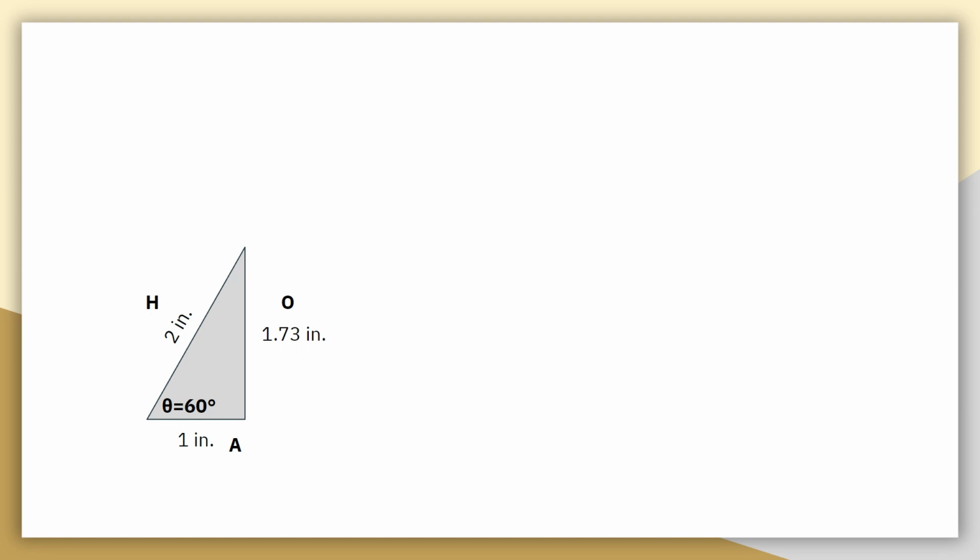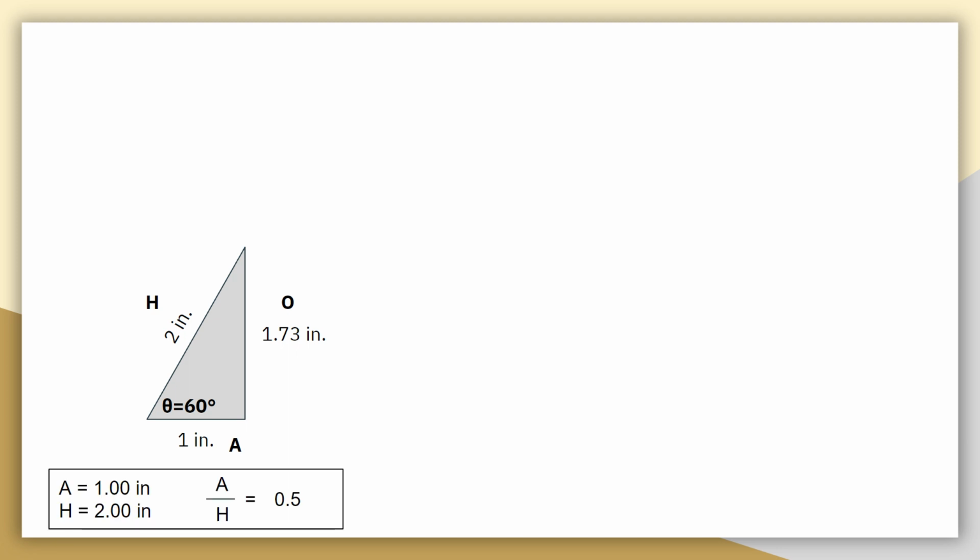Now, when mathematicians looked at that relationship between these sides, one thing that they noticed was that the ratio in a 60, 30, 90 triangle between the side that is adjacent to the 60-degree angle and the hypotenuse, they found a ratio of 0.5.